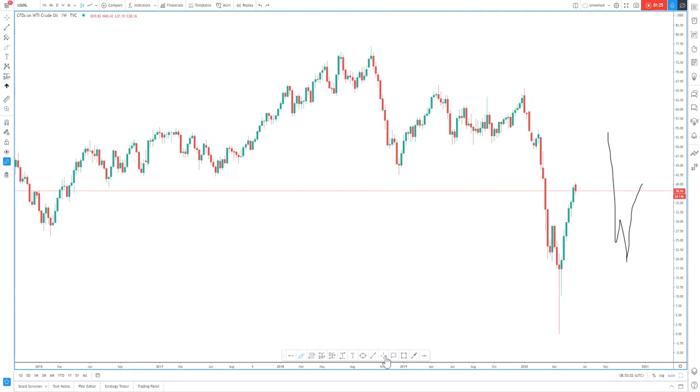So with that known, this W pattern gives me a tendency that price would actually drop back to the neckline.